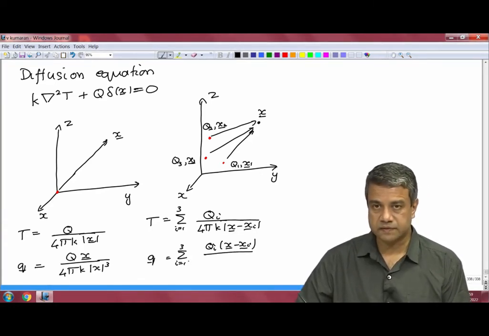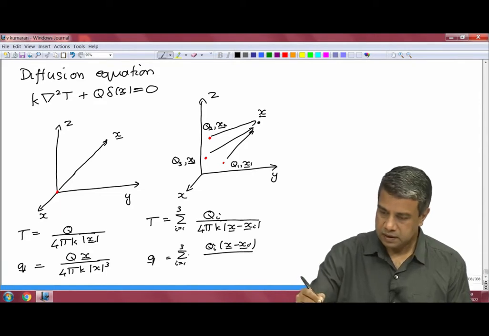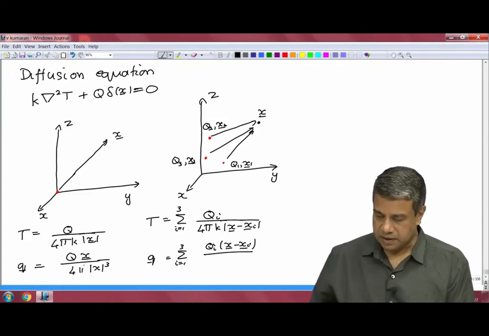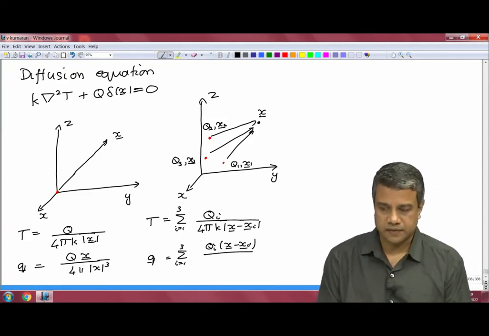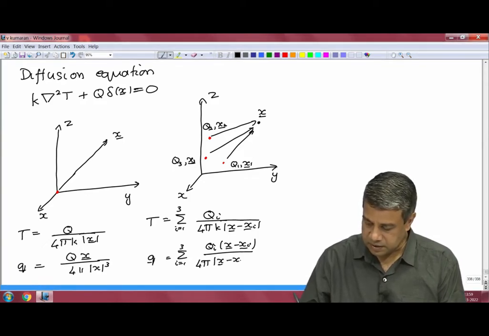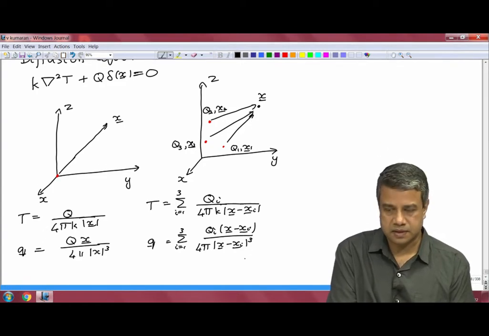So, on the left side the flux is a vector; on the right side, I should note there is just 4 pi, there is no k here. On the right side x minus x I is a vector and this is divided by 4 pi into the magnitude of x minus x I, the whole cubed. So, those were the expressions that we had derived.